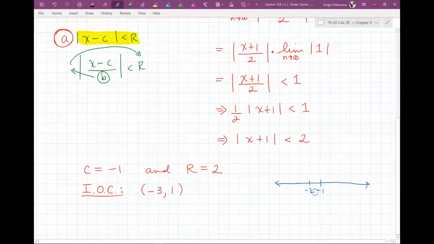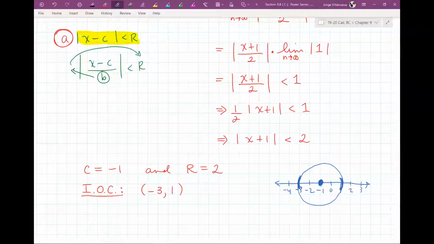So -2, -3, -4, and then 0, 1, 2, 3. I'm going to put a dot at -1 and then pretend to draw a circle with the radius of 2. So it would look like this, right? So it touches the -3 and it touches the +1. Interval of convergence. It's just an abbreviation.